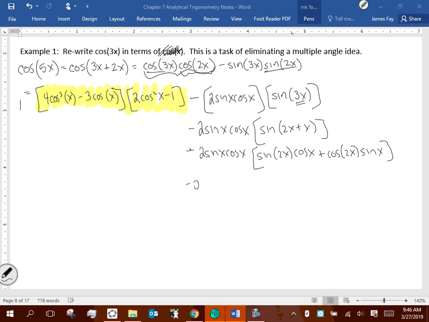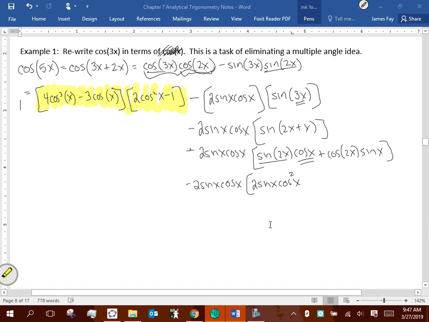Okay, so it's going to be minus 2 sine x cosine x. This thing here turns into 2 sine x cosine x times this cosine x here, right? So let's just take care of that right now and square it. Okay, and this is going to be plus. Okay, let's go ahead and rewrite this as 2 cosine squared x minus 1 times that sine x.